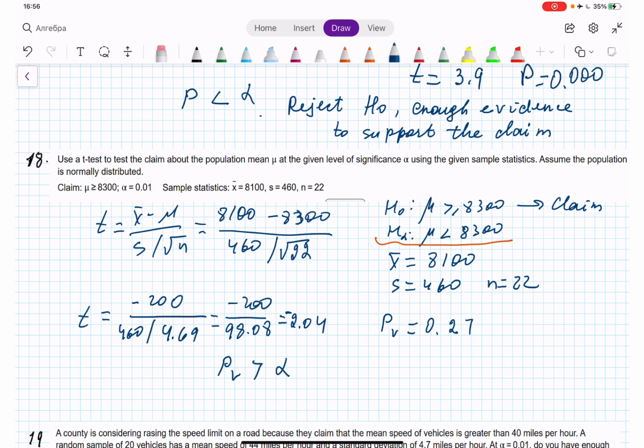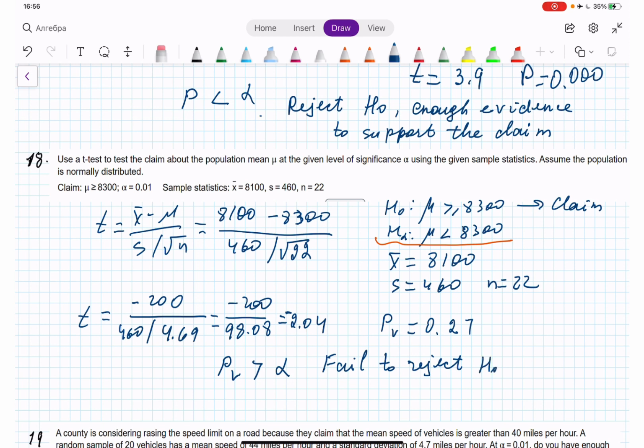If the p-value is greater, and in my case it is greater than 0.01, then we fail to reject the null hypothesis. And I don't need to switch to the alternative because the null hypothesis is my claim.